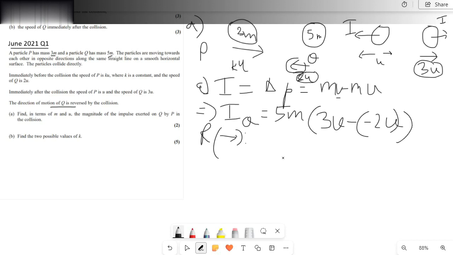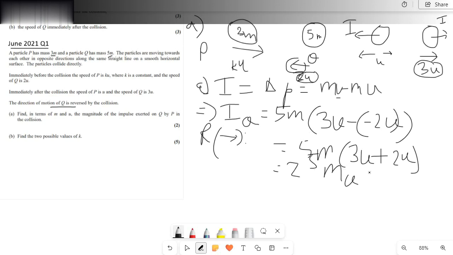So this is 5m times (3u plus 2u), and the impulse is 25mu newton seconds or kg meters per second.